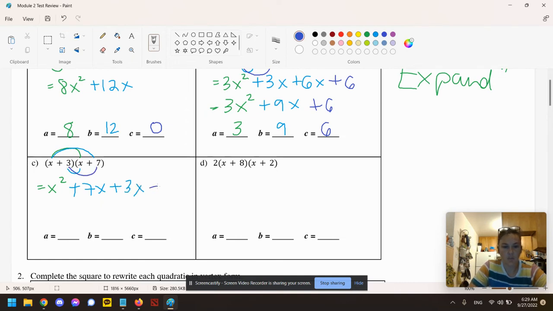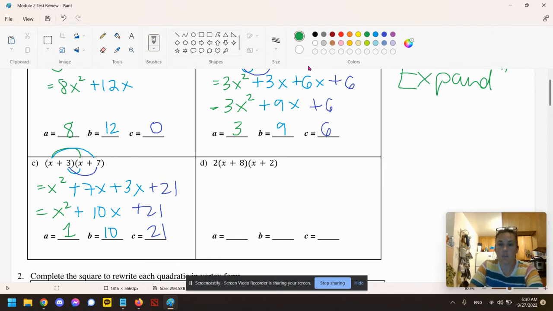And then 3 times 7 is going to give us our c term. These ones are going to add together to become 10. We are going to do it out anyways. And the x squared just comes down because it's not being added to anything else with an x squared. If there's only one of these, with no number out front, we put a 1.